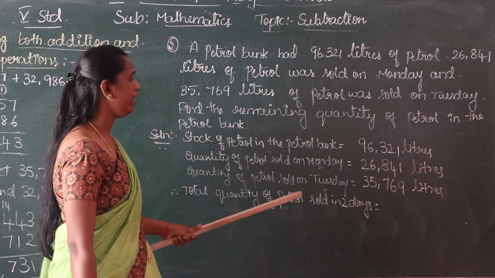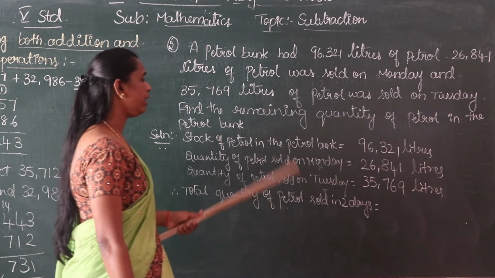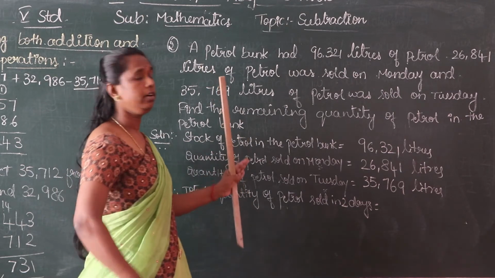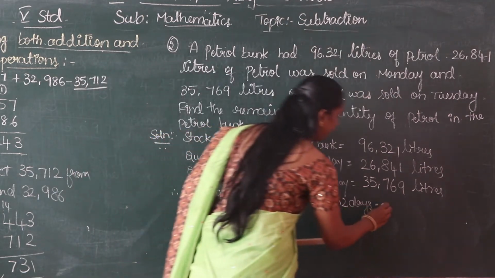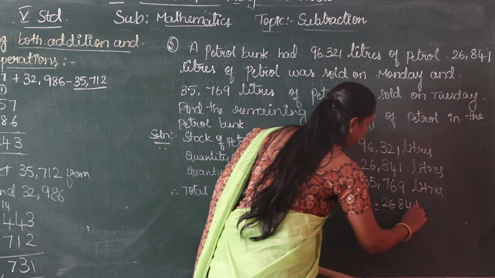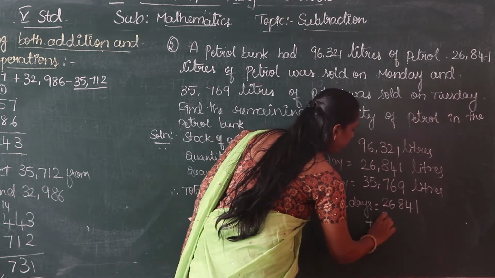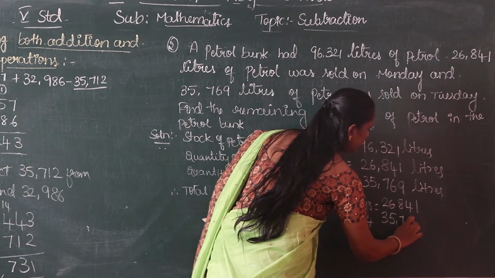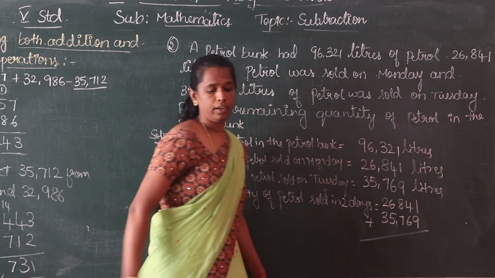So first we add what was sold on Monday and Tuesday, so we have to add 26,841 plus 35,769. Okay children?